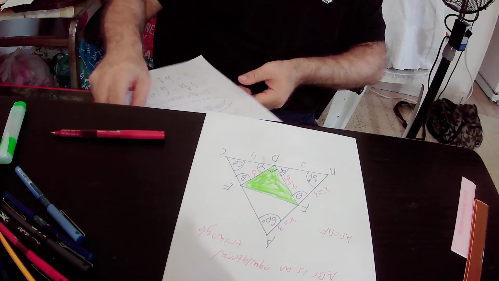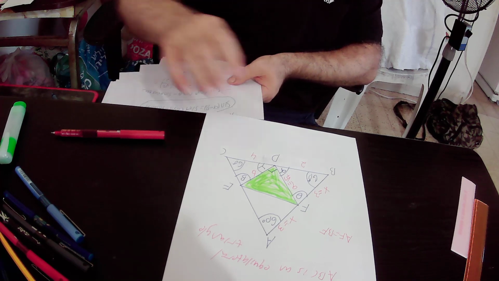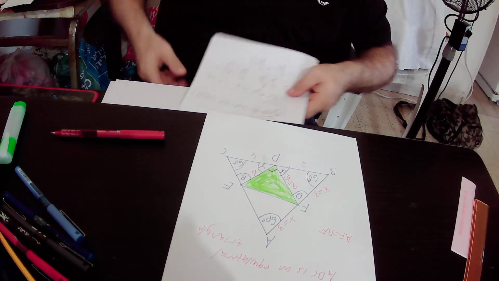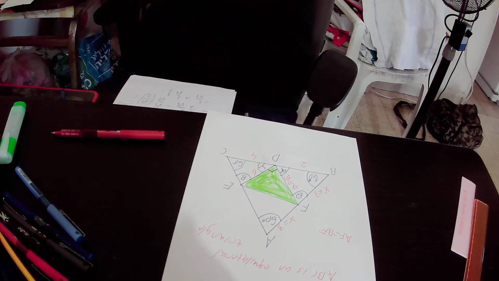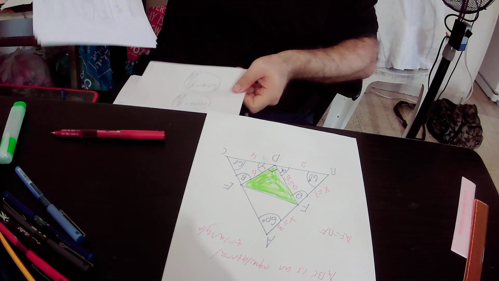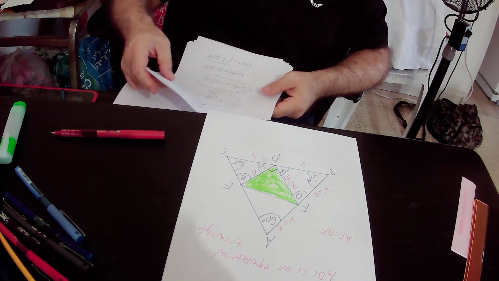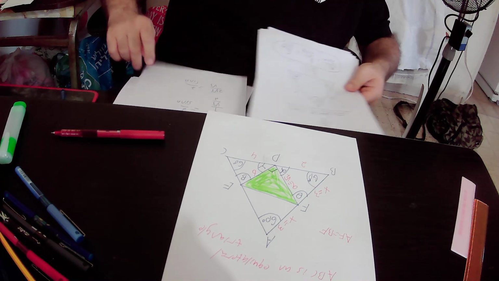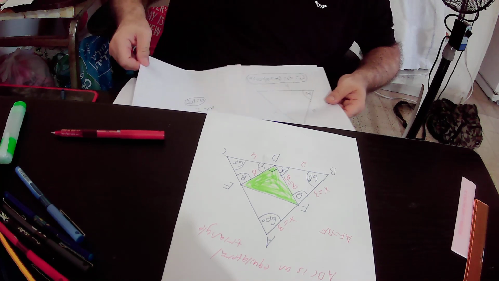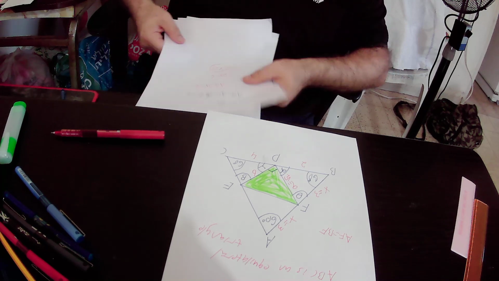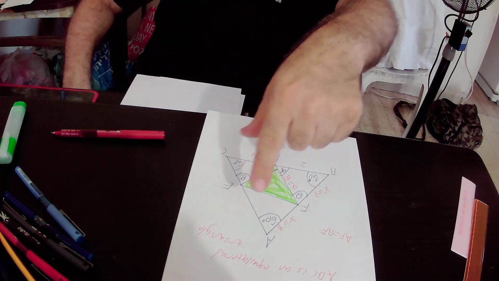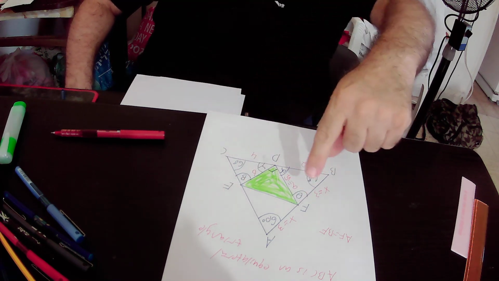Okay? And we also know that AF equals BF, and BC equals AC equals AB equals 6 units.